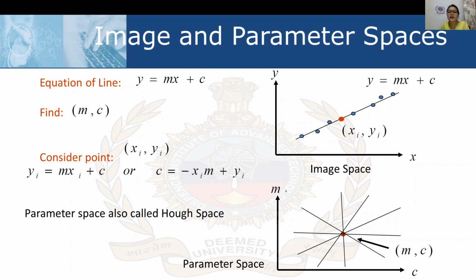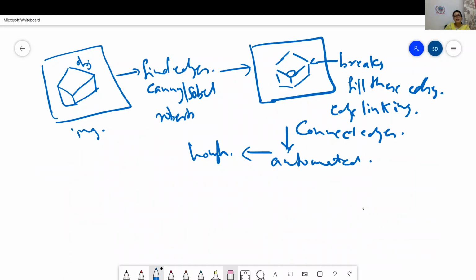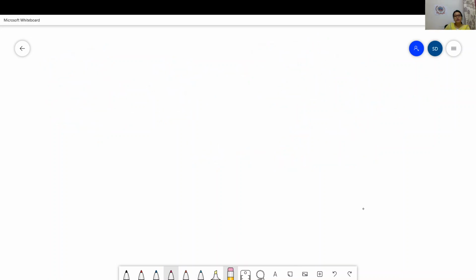And when we plot this in parameter space, in terms of c and m, you get the whole line plotted as a single point. We will see with some examples, so you will come to know the logic behind that.